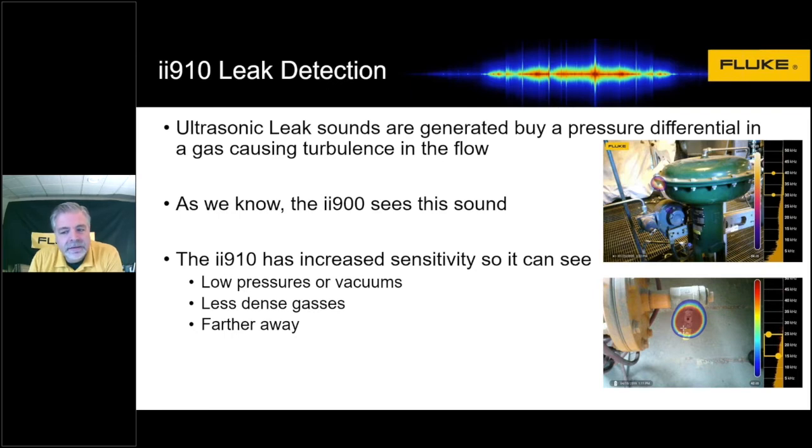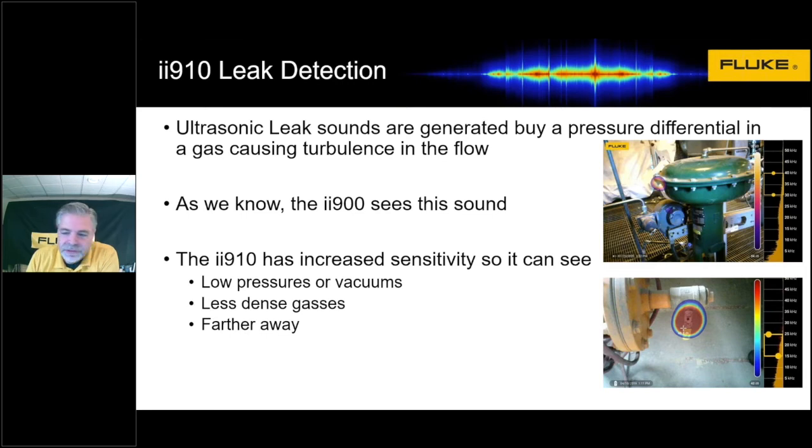And we can see the leak happening on that. So the natural gas line there is, again, typical low pressure and a very low density gas. And we can still see leaks happening there. The ii910 will be able to see these and even lower.